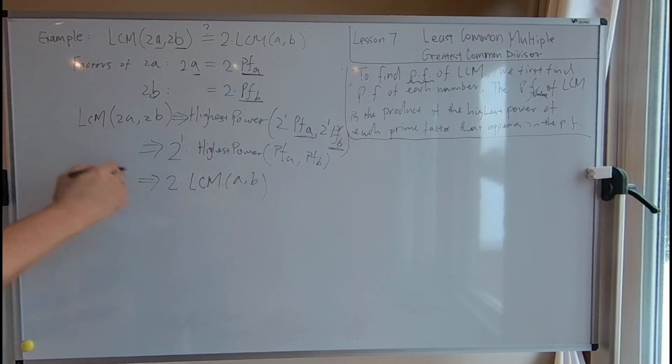Right, so this is how I prove that the LCM of 2a and 2b is equivalent to 2 times the LCM of a and b. It's like the 2 is a common factor that can be factored out from the LCM.